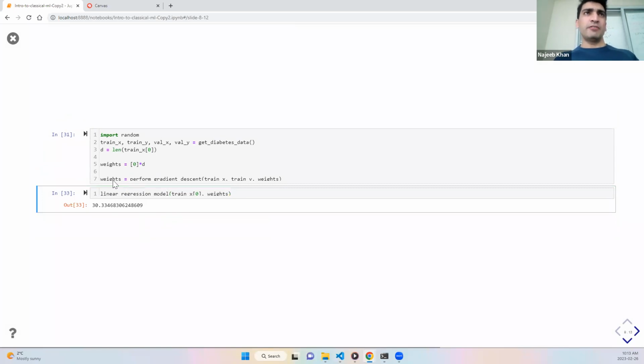So given these weights, the output would be 30, but let's look at the actual value of the target. If I say train y of 0, its value should be 151, but it predicted only 30.